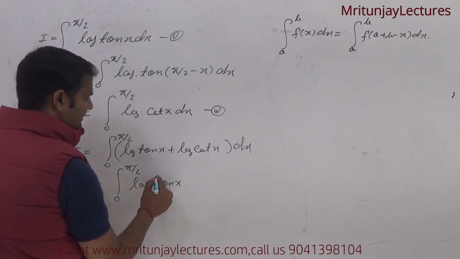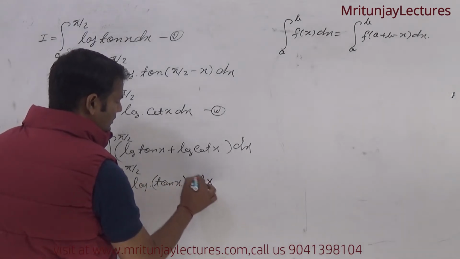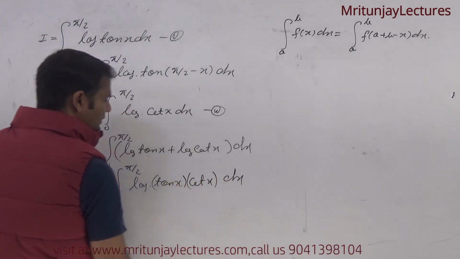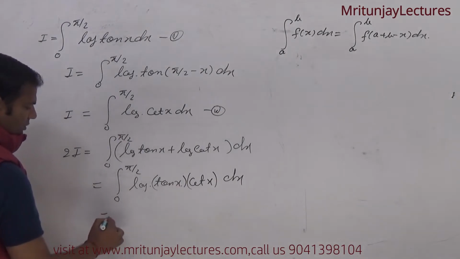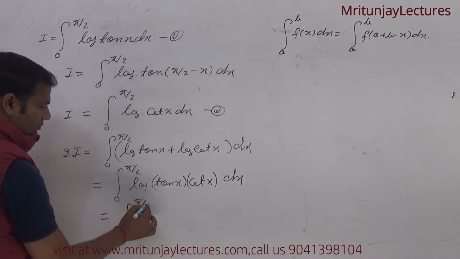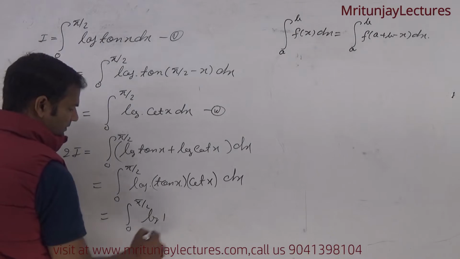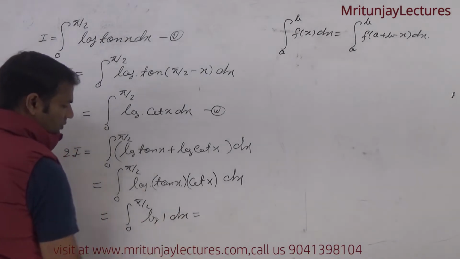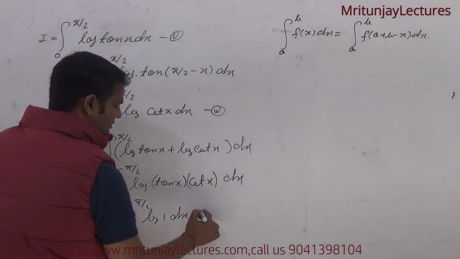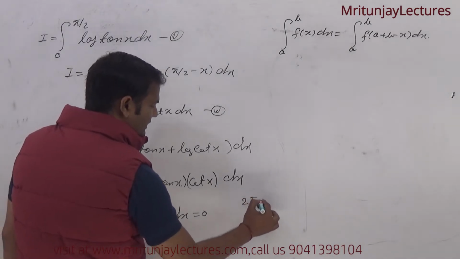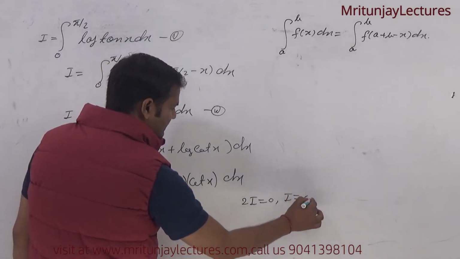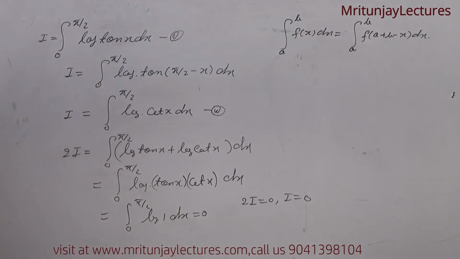So it is log of tan x into cot x. I know this is 1, so the integral from 0 to pi by 2 of log 1 dx. And what about log 1? That is 0, so it is 0. So 2I is equal to 0, so I is 0.